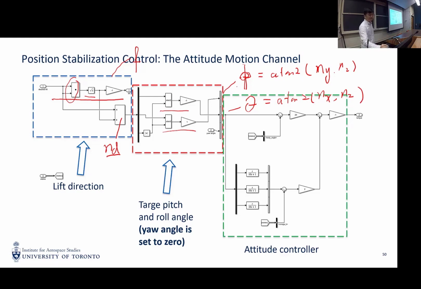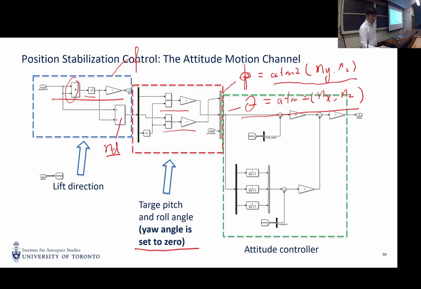As you can see, phi is almost the same as the one we used in the 2D case. It's actually a function of n_y and n_z. So basically, we have this angle, right? We needed the quadrotor to tilt according to the lift in the y direction, and also in the x direction, we can do the same to calculate the desired angle, the pitching angle.